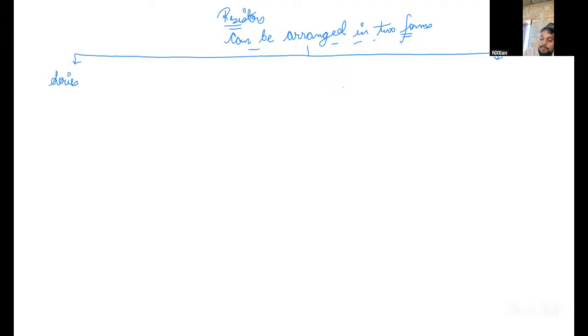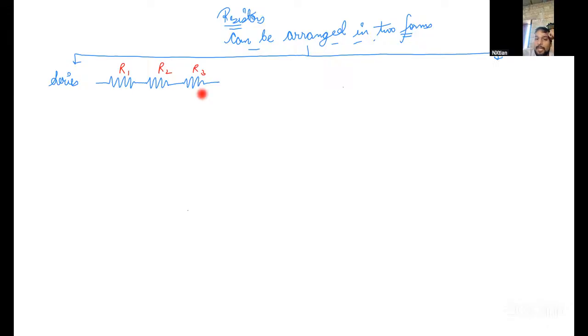How does the series form look like this? Like one after one. This is first resistance, this is second resistance, and this is third resistance.